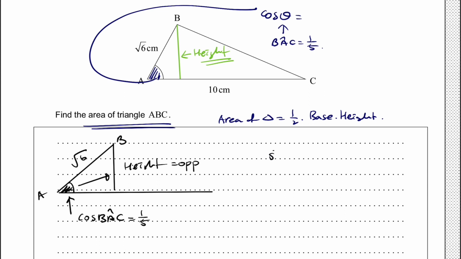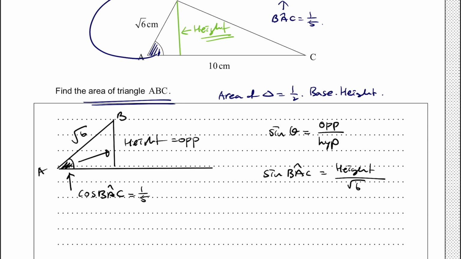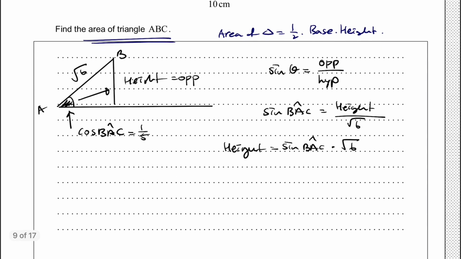So using the sine theta equals opposite over hypotenuse rule, we know that sine of angle BAC is the same as height over the hypotenuse square root 6. So to calculate the height, we have to do sine angle BAC times square root 6. Now the problem is we are not sure of the sine BAC.